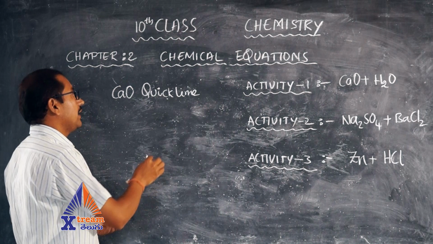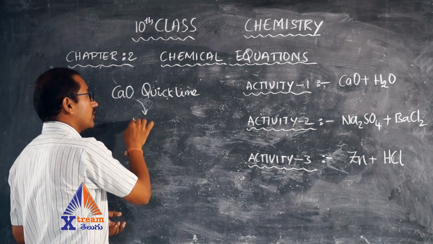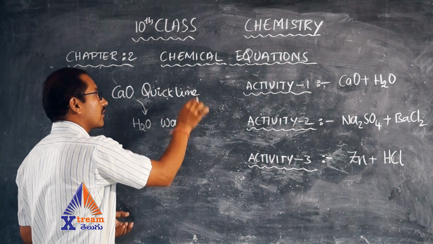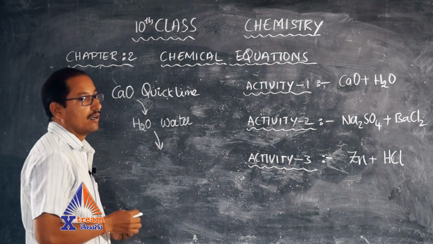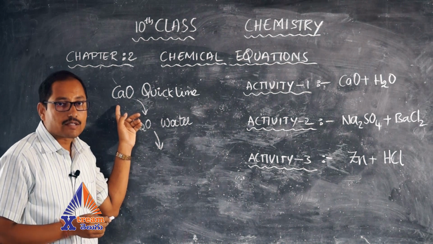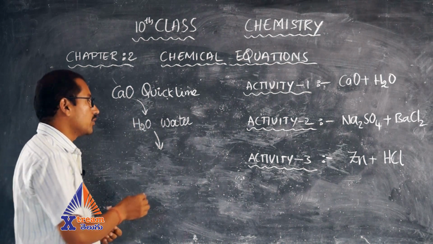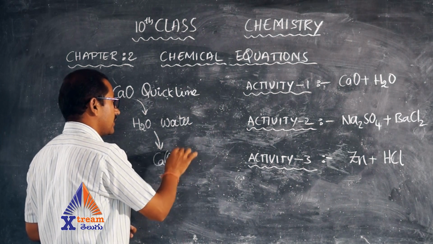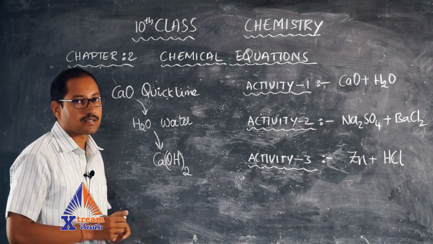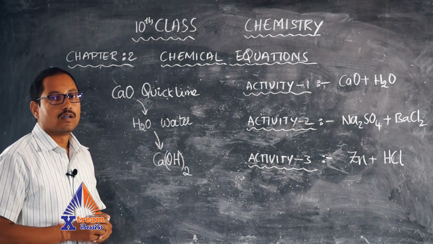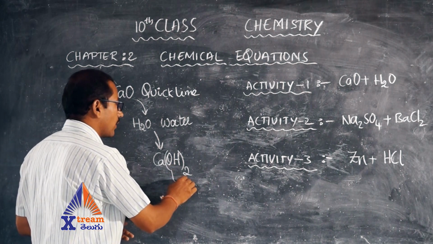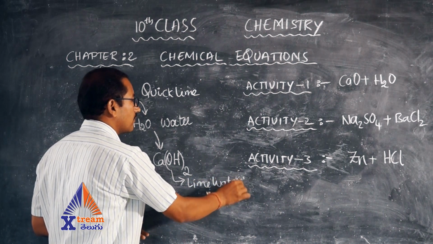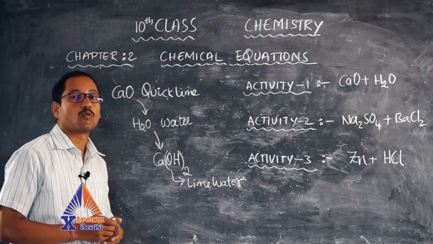But when it is added with H2O, that is nothing but water, then addition of calcium oxide and water will give you calcium hydroxide, Ca(OH)2. This is called lime water.